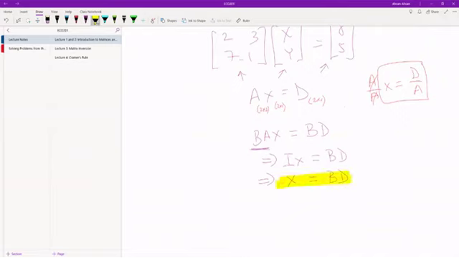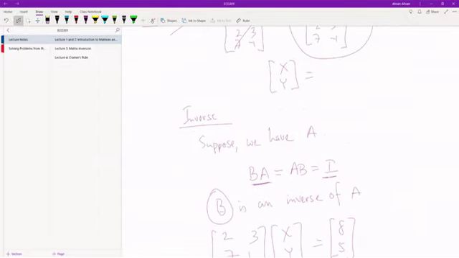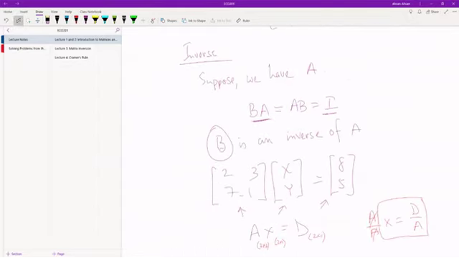Because remember, X is a 2 by 1 matrix. D was a 2 by 1 matrix. And B is a 2 by 2 matrix. And this is our solution to the system of equations. So what we have to do is convert our system of equations into this form.